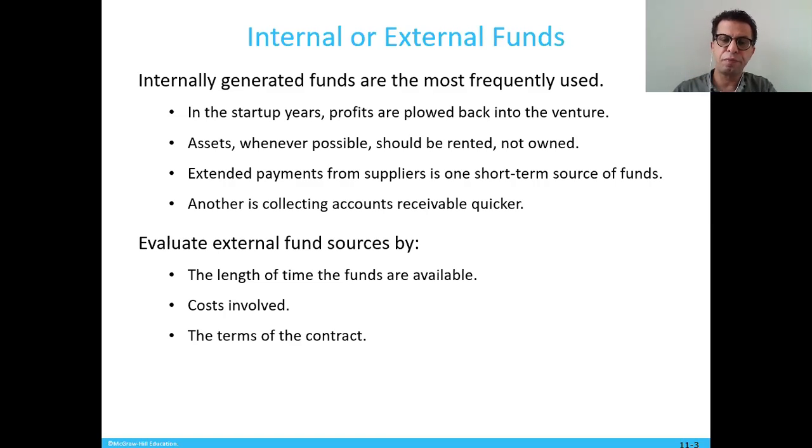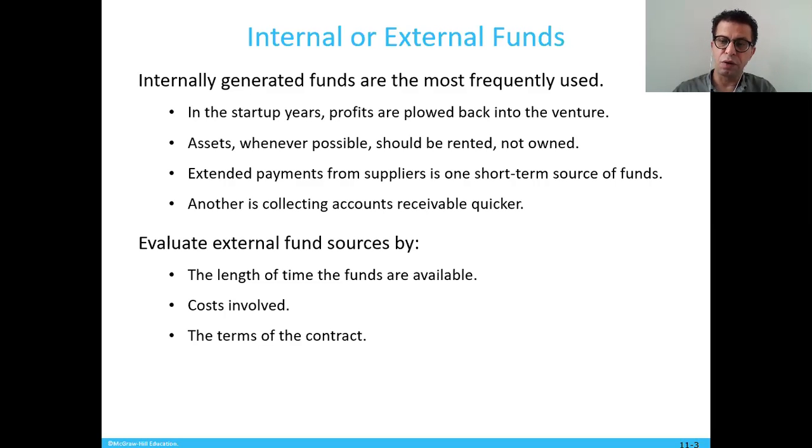This is the internally generated, most frequently used way. For external fund sources, as we said, you need to look at the length of time that funds are available to you, and the cost involved.